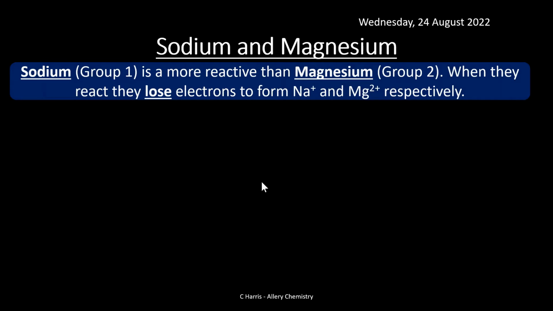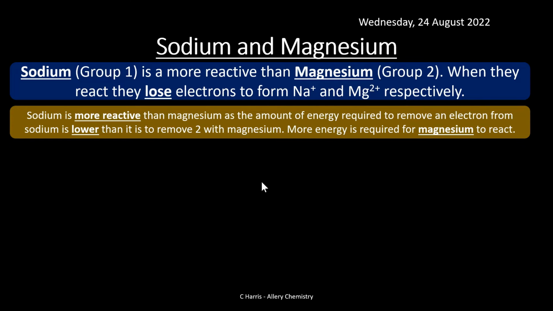So, okay, sodium is in group 1, and it's more reactive than magnesium, which is in group 2. And when they react, they lose electrons and form sodium ions and magnesium 2+ ions, respectively. You would have seen that in terms of ionization, in topic 2, I think, earlier on when you look at ionization of elements.